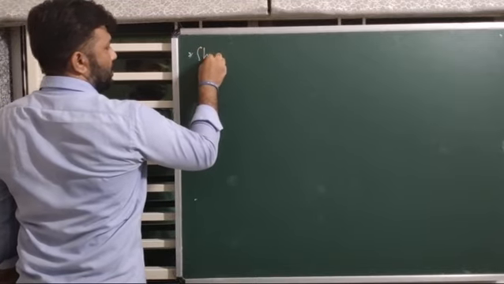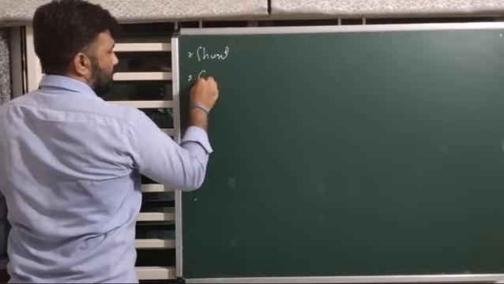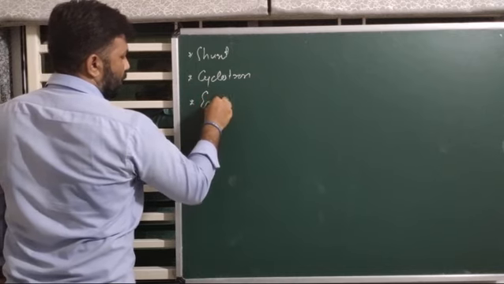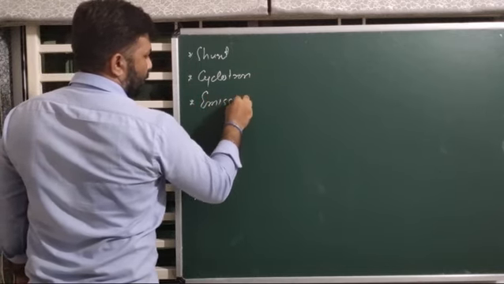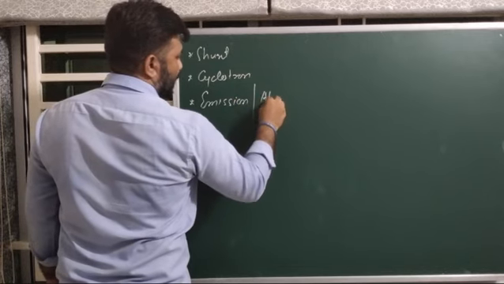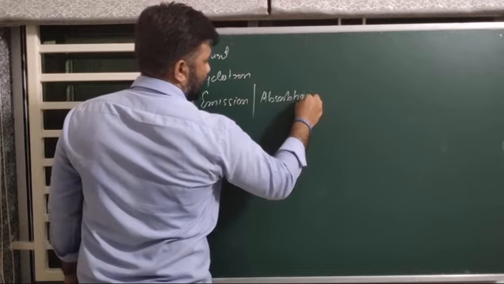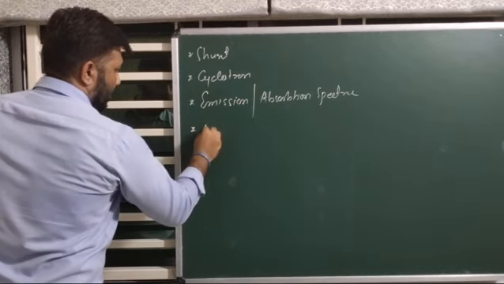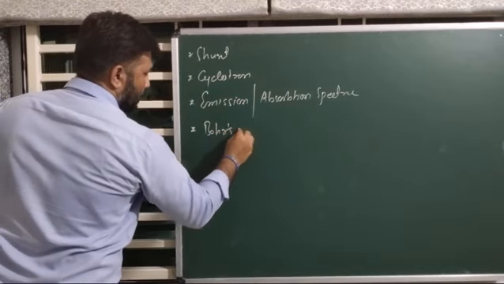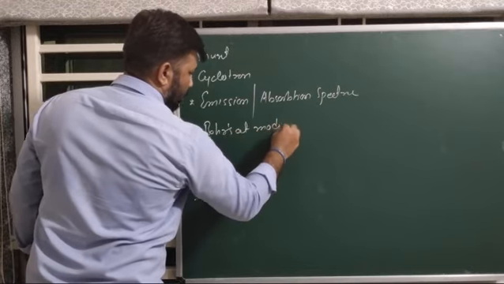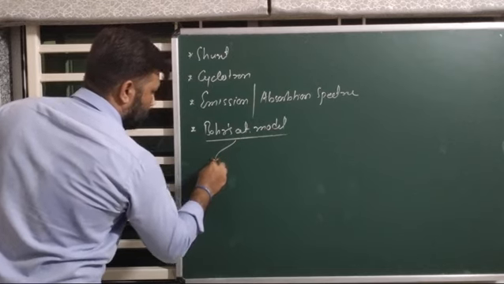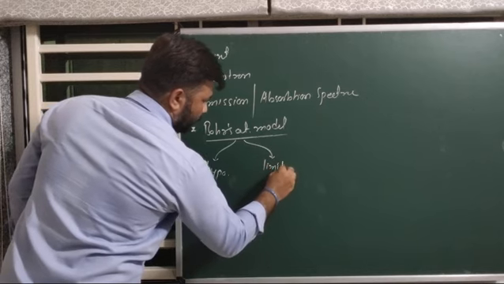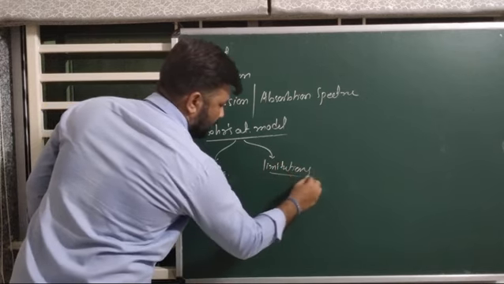Let us see what is shunt, what is cyclotron, what are emission and absorption spectra, and Bohr's atomic model, its hypotheses as well as its limitations.